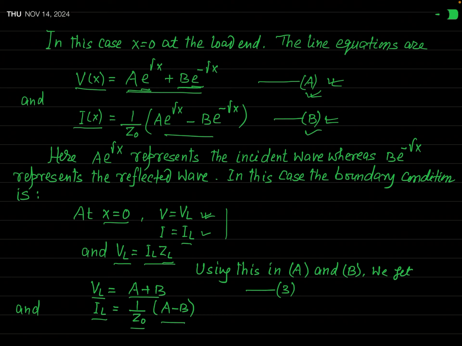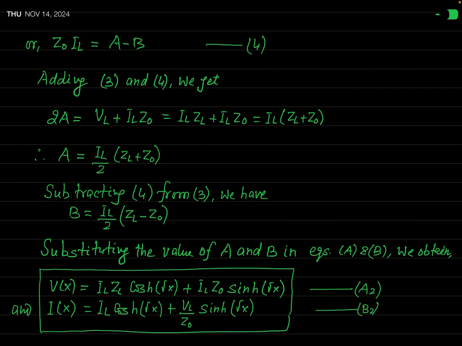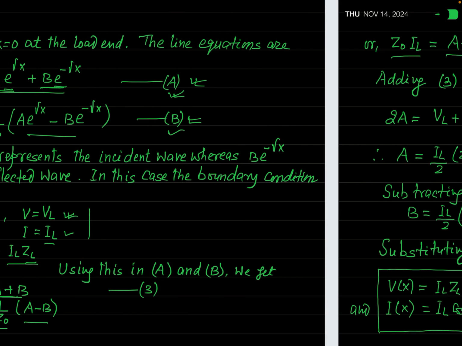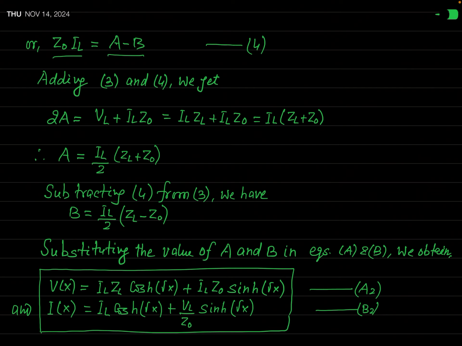Now multiply this IL by Z0, and after multiplication you get Z0 times IL equal to A minus B. Again you are seeing the same situation. In equation 3 we have obtained A plus B, and in equation 4 we have obtained A minus B. When you add equations 3 and 4, B cancels out and A is added, so that will be 2A, equal to VL plus IL times Z0.